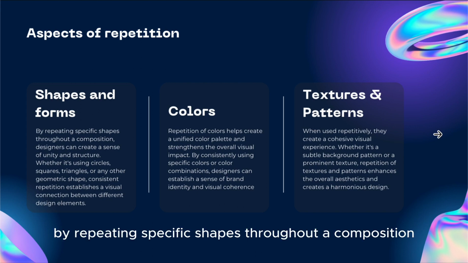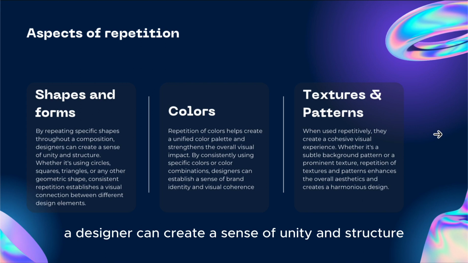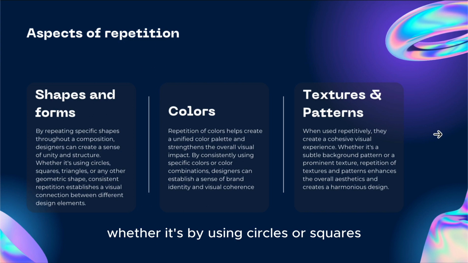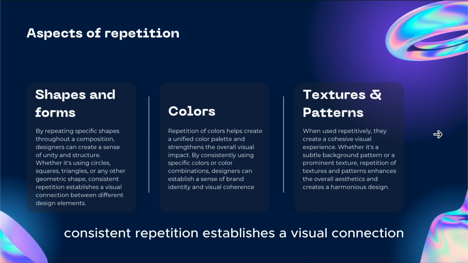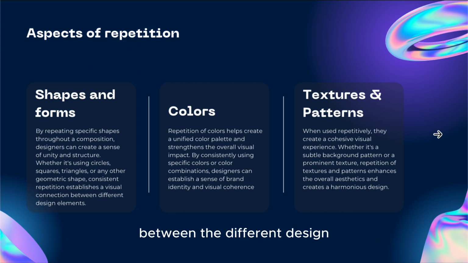By repeating specific shapes throughout a composition, a designer can create a sense of unity and structure, whether it's by using circles or squares or triangles or rectangles or any geometric shape. Consistent repetition establishes a visual connection between the different design elements that you are making use of.